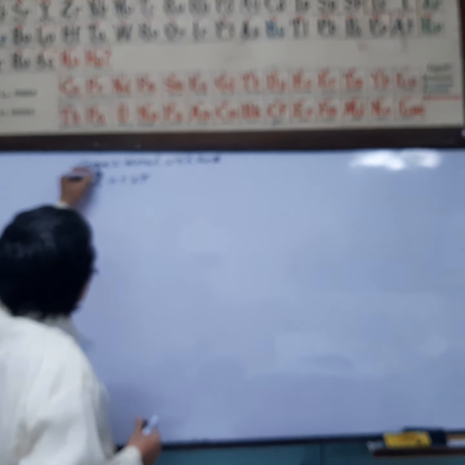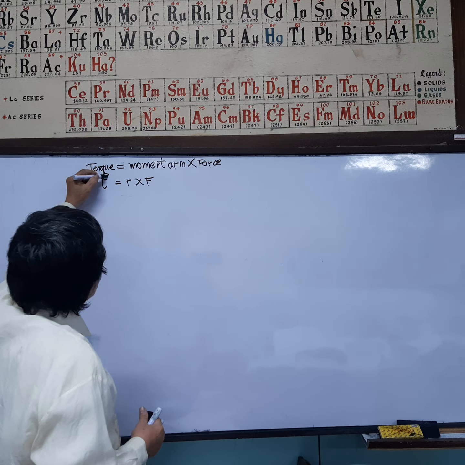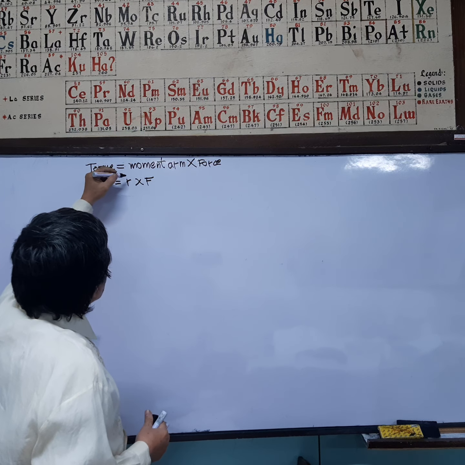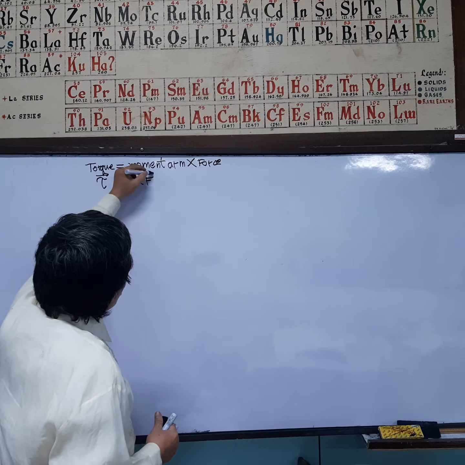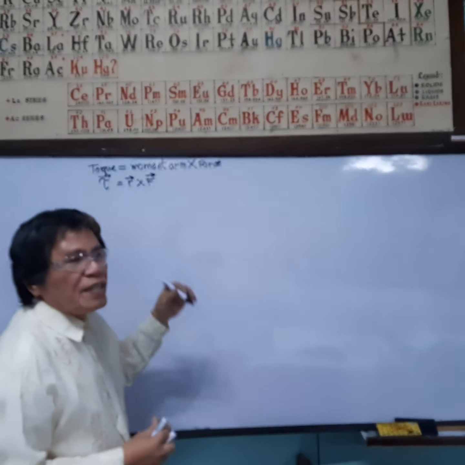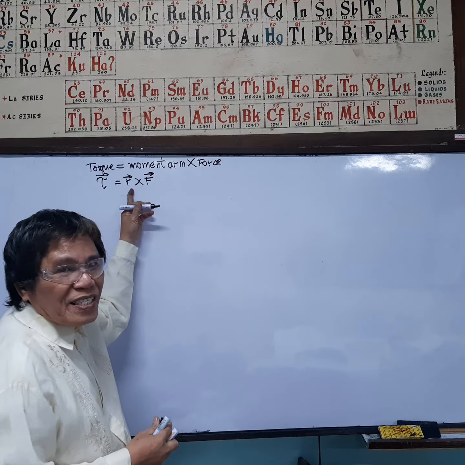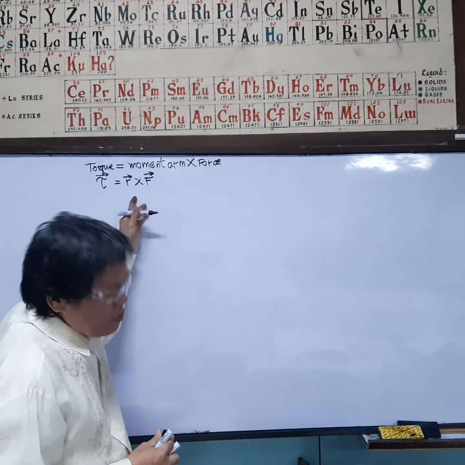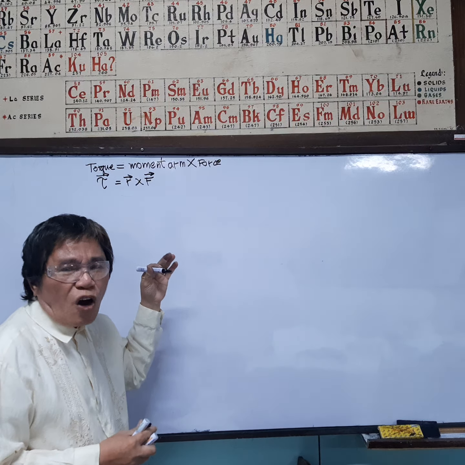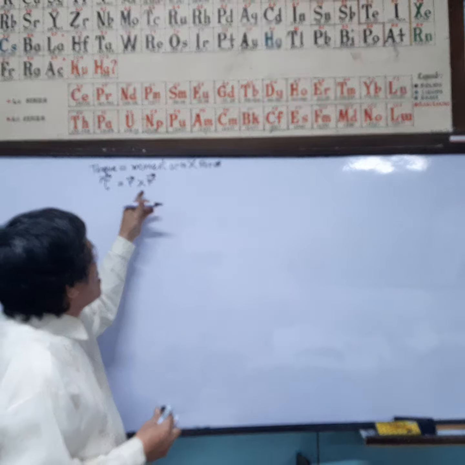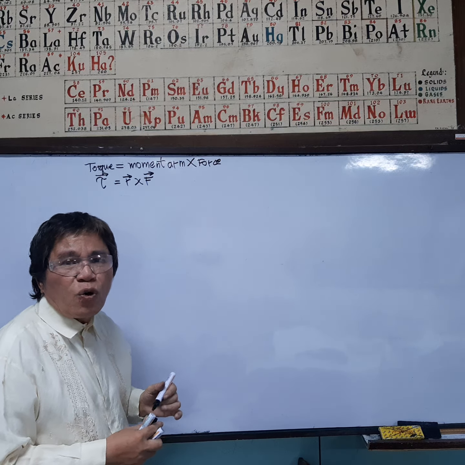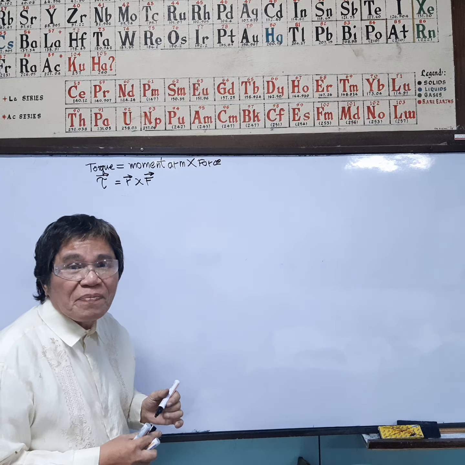So there's an arrow, this one is a vector, this one is a vector, this is the radial distance, or let us just say moment arm, times the force, which is a vector. You have here actually a cross product.